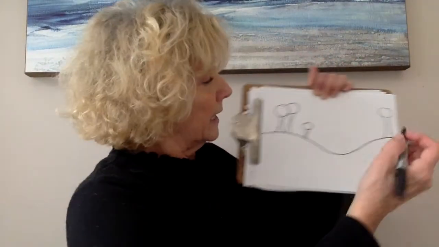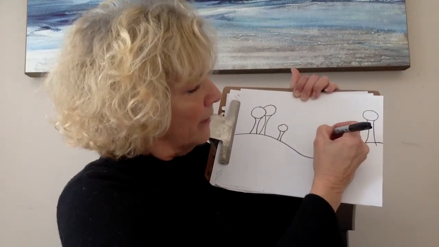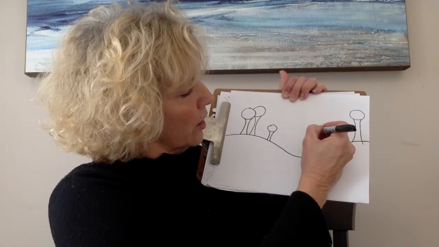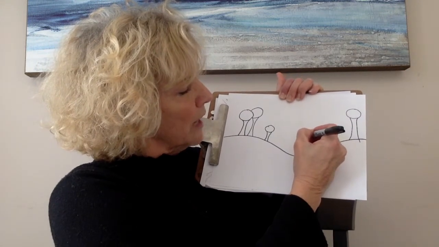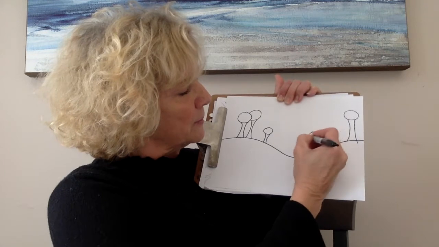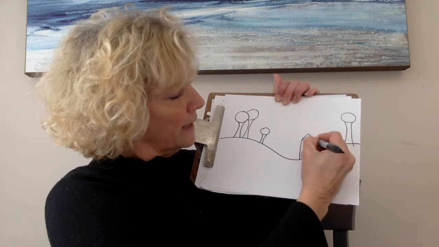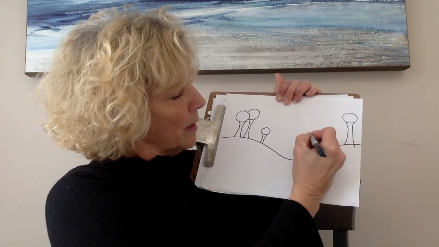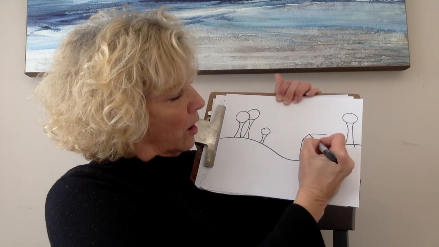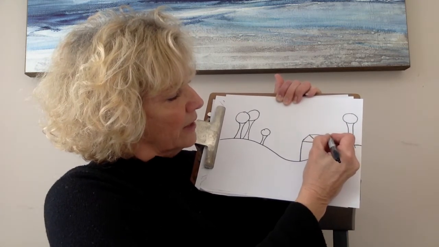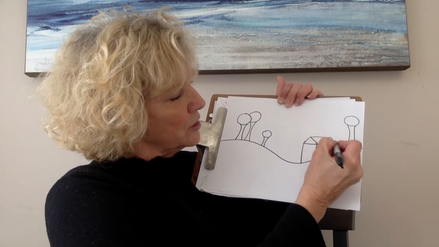Maybe you'd like to draw a house in your picture. Those are pretty easy to draw. And remember, we're kind of reducing these to very simple shapes. So I'm going to do a triangle and a line down here. Maybe I'll give it a side view so that it looks 3D.